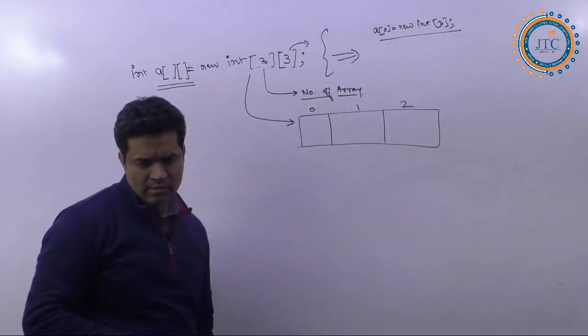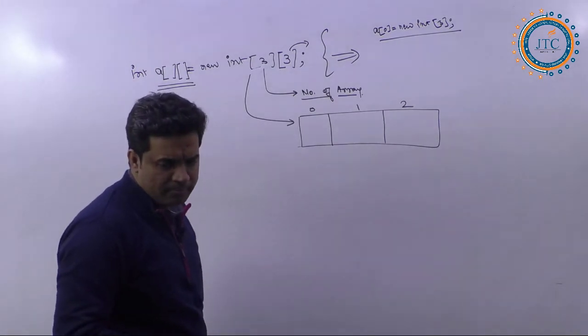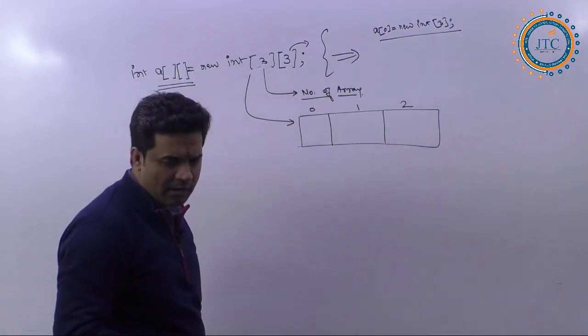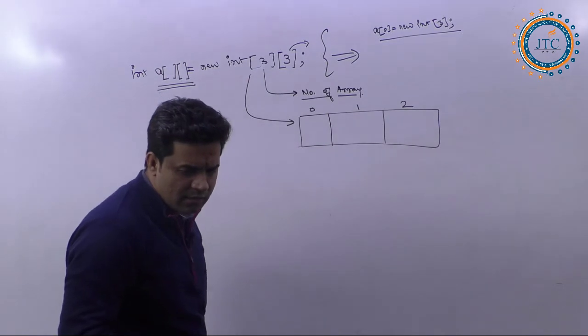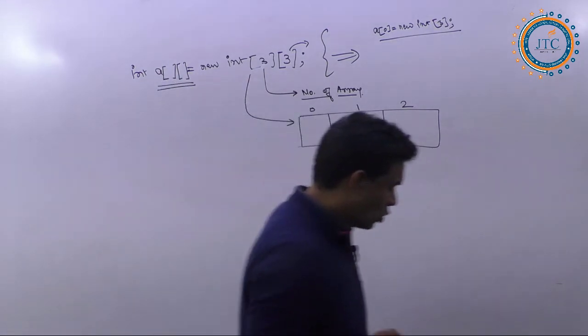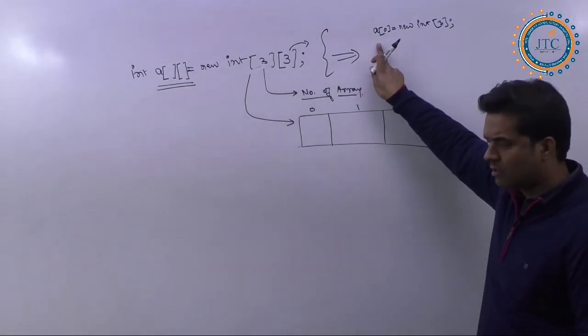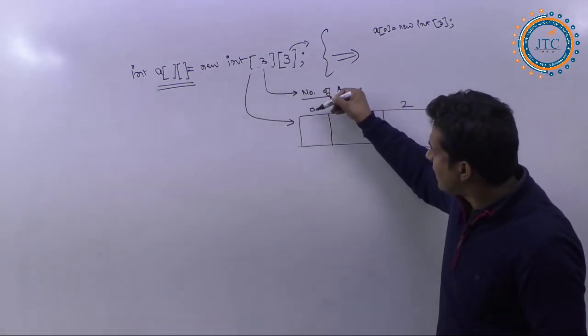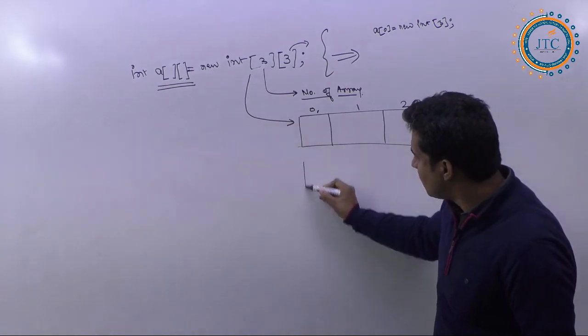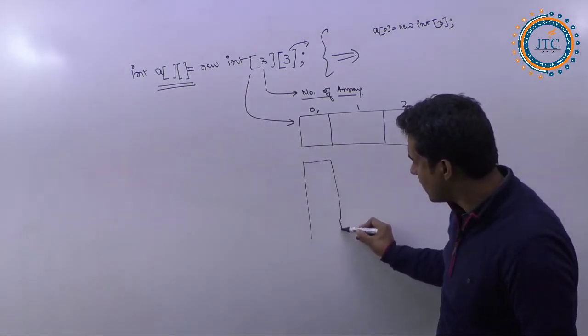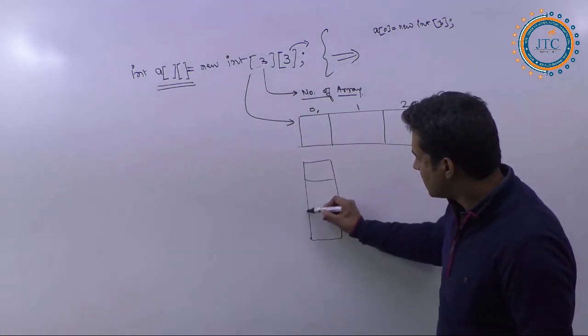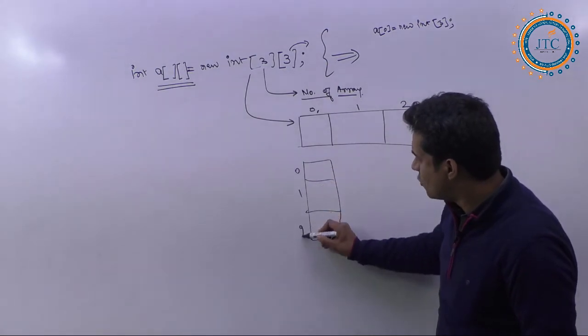Are you able to see this? See here. int of 3 we are writing. Very good. So this is the representation we are getting here. Which means that in this first array, 3 more positions are being created here: 0, 1 and 2.